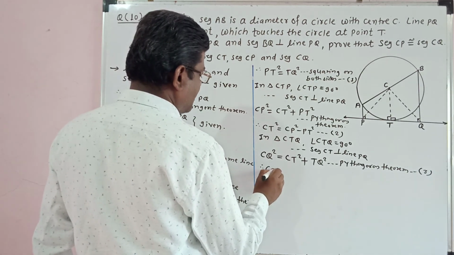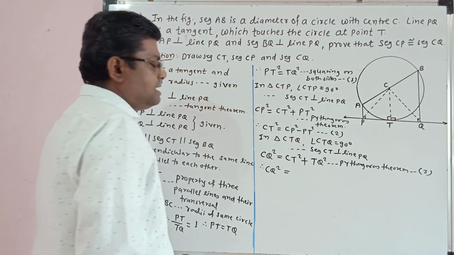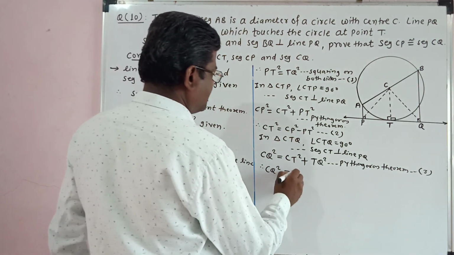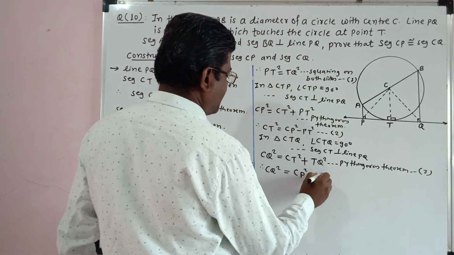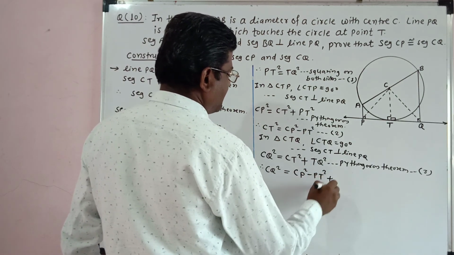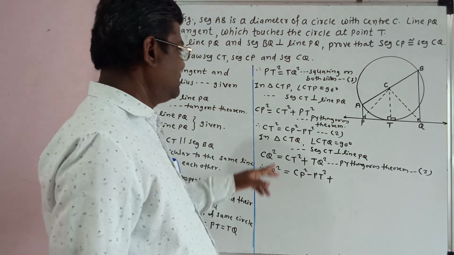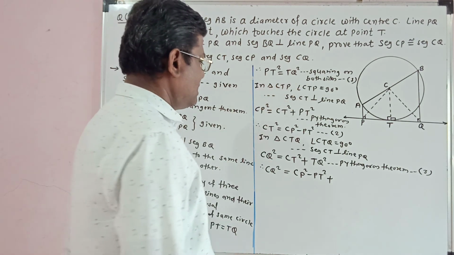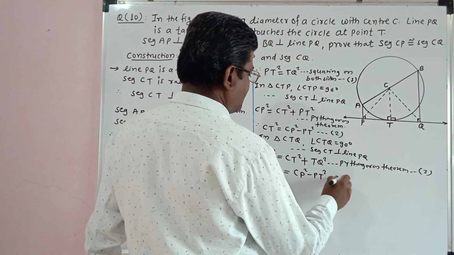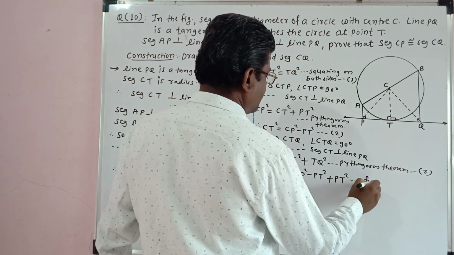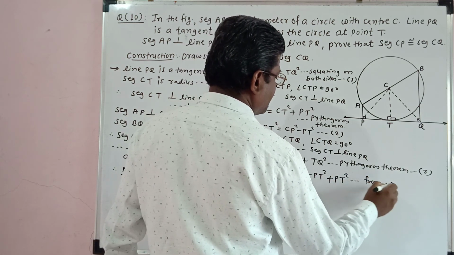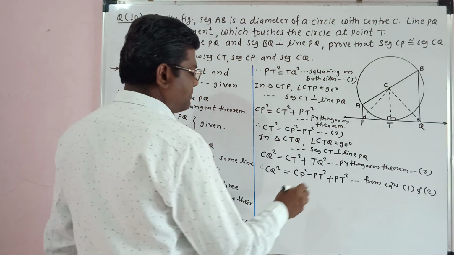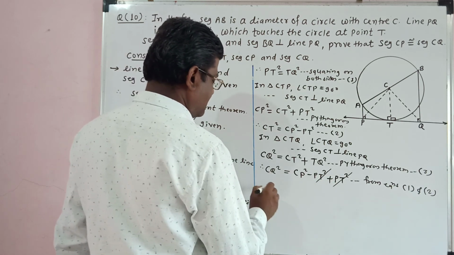Therefore CQ square is equal to CT square. From equation 2, CT square is CP square minus PT square, plus from equation 1, TQ square is equal to PT square. So we write TQ square is equal to PT square. This is from equations 1 and 2. Now here PT square gets cancelled.